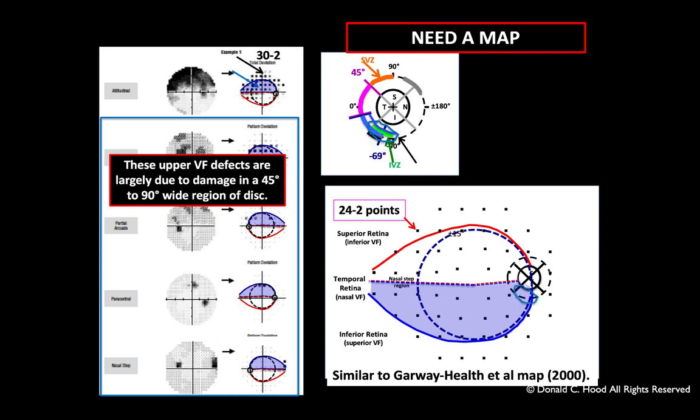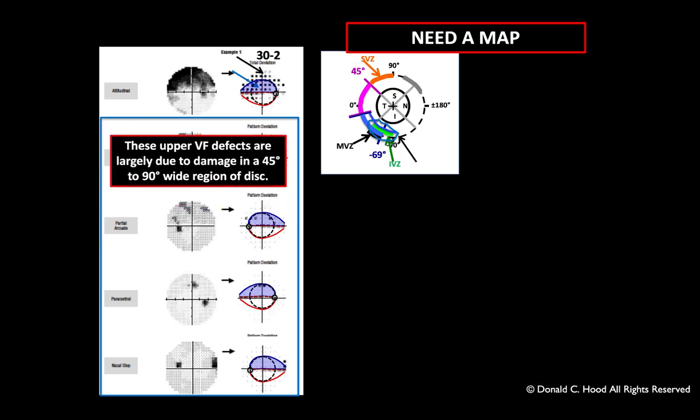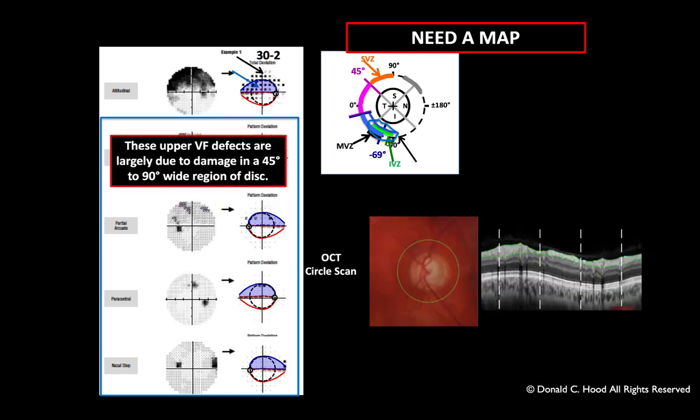And there's your macular vulnerability zone. So you get all the different variety of defects due to damage in this one region of the disc, right there.